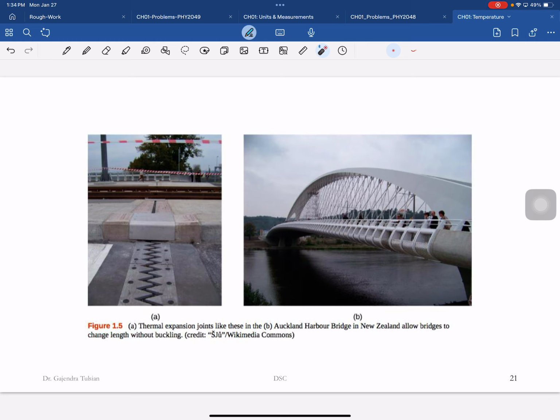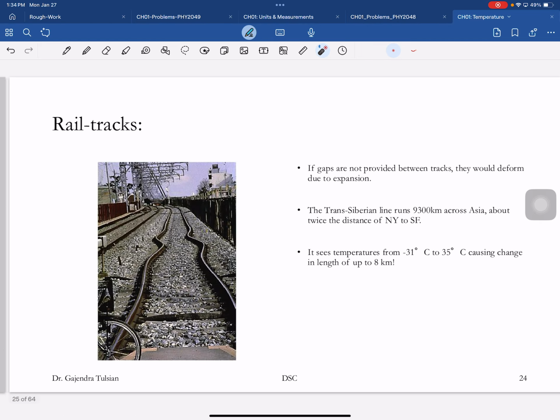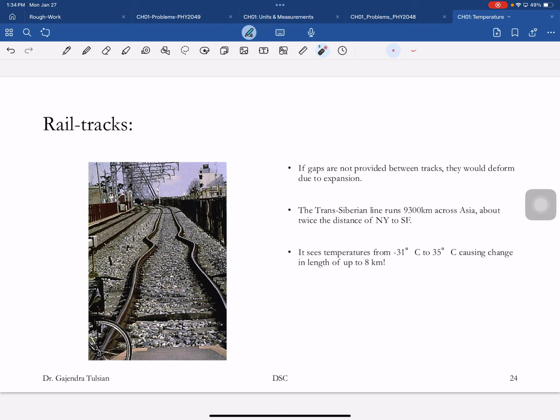Every bridge has these thermal expansion gaps. The temperature changes between summer and winter. In the winter, the spans are the smallest, and in the summer, the spans expand. If you don't leave these thermal expansion gaps, the spans would push against each other and they would crumble.